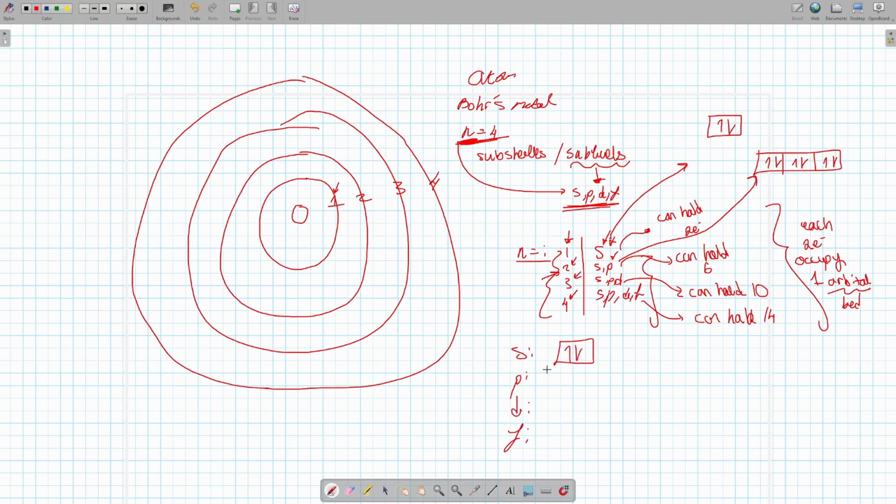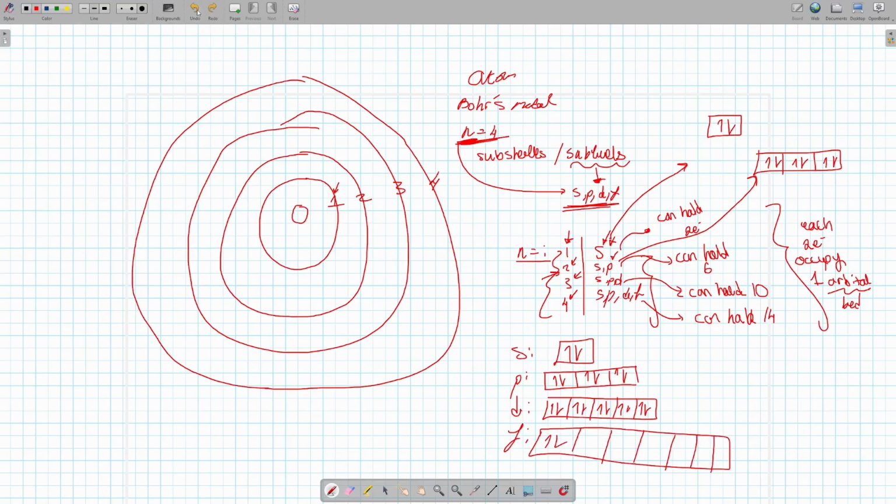S is like this. That's a full S shell. P is like this, 3 orbitals inside. D is like this. Notice how I'm completing 1 line before starting another. You have to do that, okay? That's the rule of writing. And then F is 14, so it's 7 orbitals.